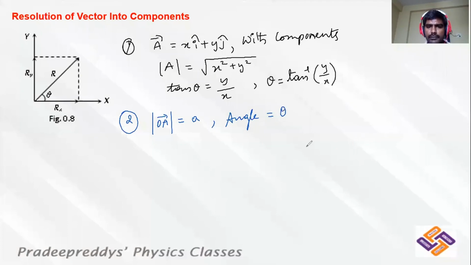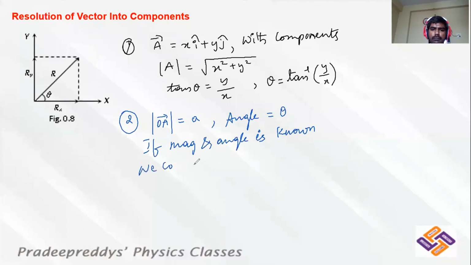So in the second case, you have got magnitude and angle. Now you should find its components. So if magnitude and angle are known, we can resolve the vector into components.